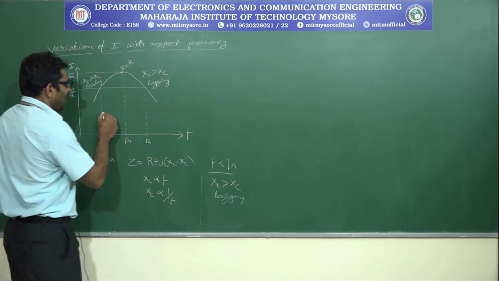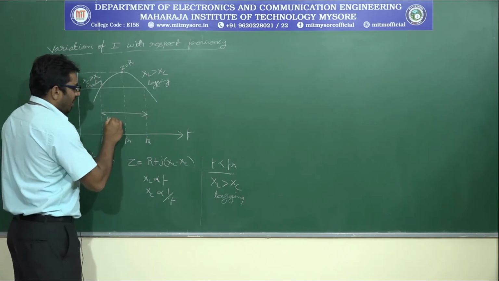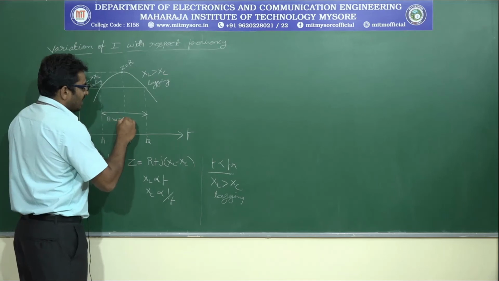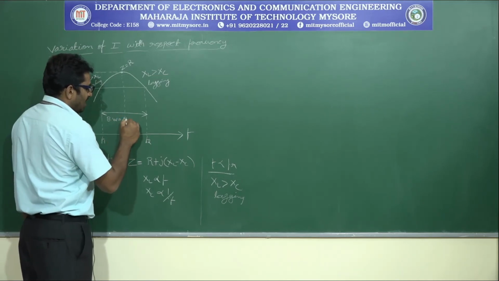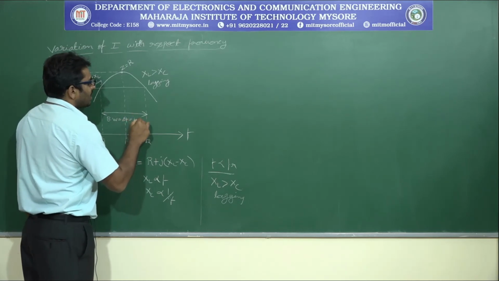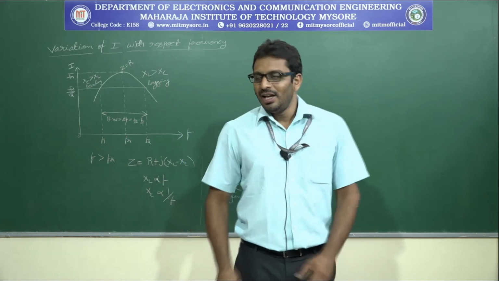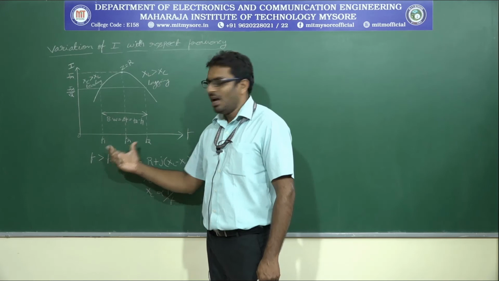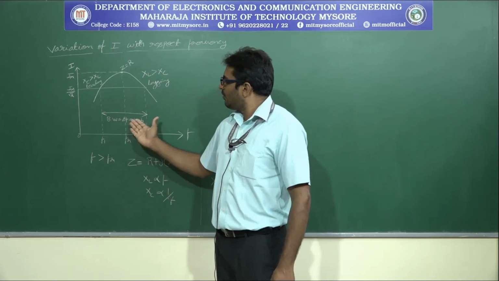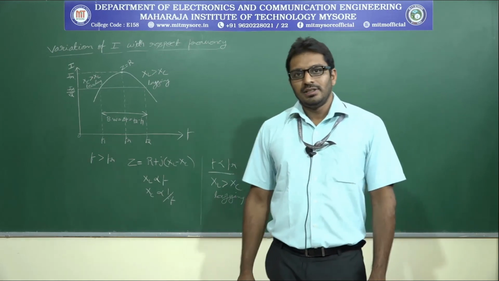The range between F1 and F2 is known as band frequencies. The band frequency range is known as bandwidth, that is nothing but F2 minus F1. What is bandwidth? The algebraic difference between the upper cutoff frequency and the lower cutoff frequency is nothing but bandwidth. Is it clear?